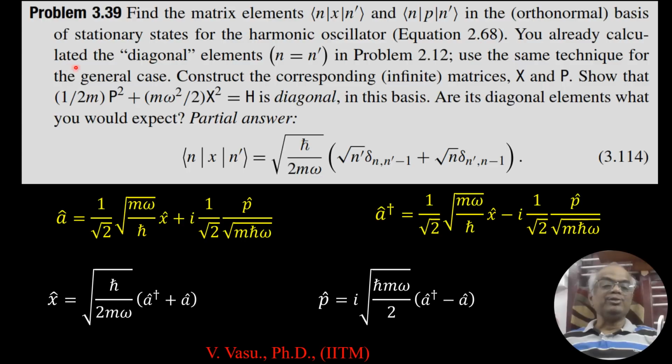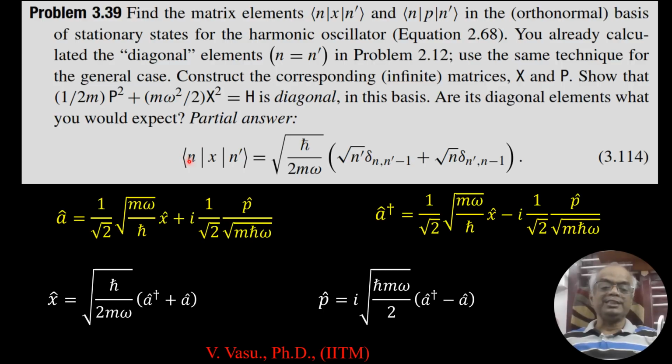You already calculated the diagonal element, n equal to n prime, in problem 2.12. You don't worry about this. Use the same technique for the general case. Construct the corresponding infinite matrices of x and p so that p squared over 2m plus m omega squared over 2 x squared is equal to H, which is diagonal in this space. What would you expect?